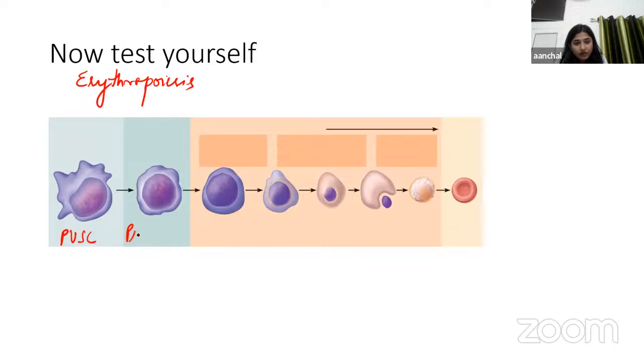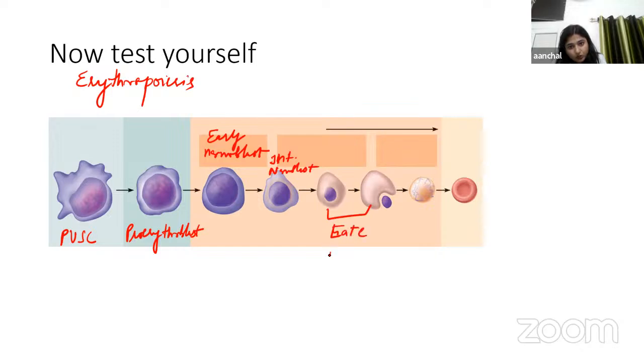Next we have the proerythroblast, then the early normoblast, then the intermediate normoblast, and finally the late normoblast. In the late normoblast we also have two, the early one and the late one. Then the reticulocyte, and finally the erythrocyte.